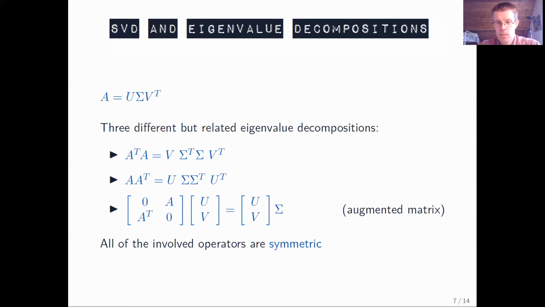And this is great because symmetric matrices, we know they have a real spectrum, so real eigenvalues, and orthogonal eigenvectors, in the sense that they can always be chosen to be orthogonal. And it is this nice connection that enables the SVD to be computed very efficiently, because eigenvalue problems involving symmetric matrices are very well known, and we know how to deal with them.